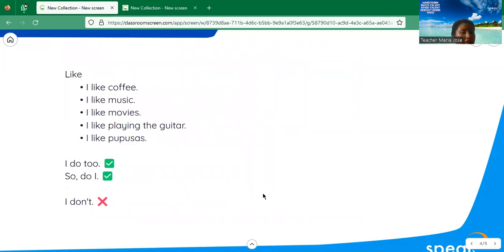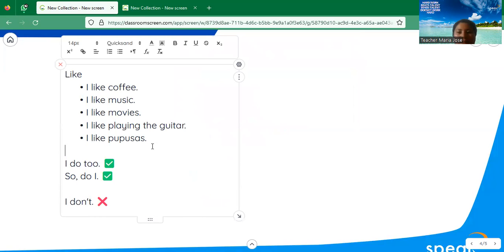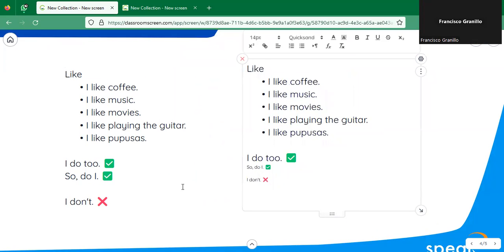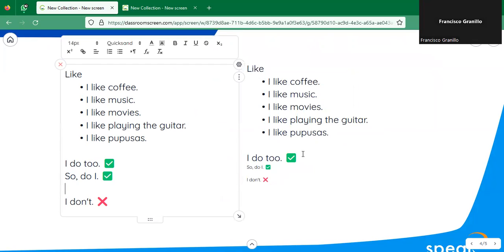Now, the same sentences that we have here, but now I need them negative. How do I make them negative, Francisco? I don't like. Excellent. I just have to use the auxiliary.